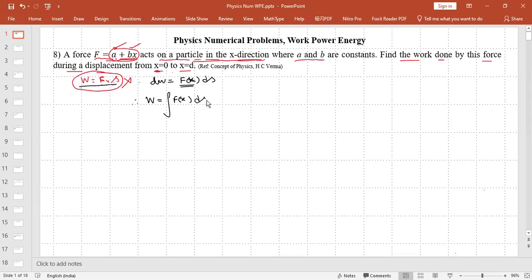Here they have taken the parameter x for displacement, so instead of ds, we write dx. And we have to see the limits of x. Here the limits are very clearly given from x equal to 0 to x equal to d. And what is F(x)? F(x) is also given, a plus bx.